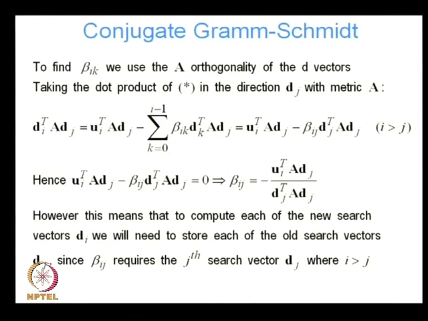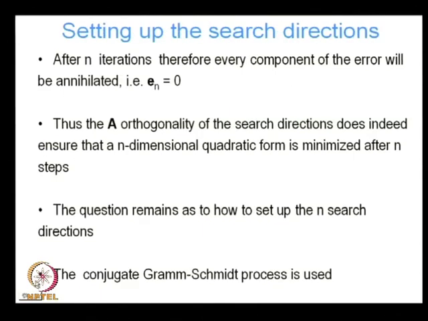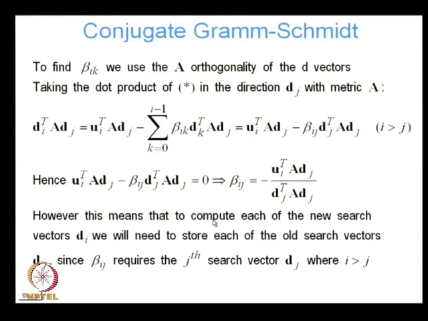To find beta ik, we use the A orthogonality of the d vectors. So, take the dot product of this expression, star, in the direction dj, again with the metric A, right. So, we are going to enforce A orthogonality, right.